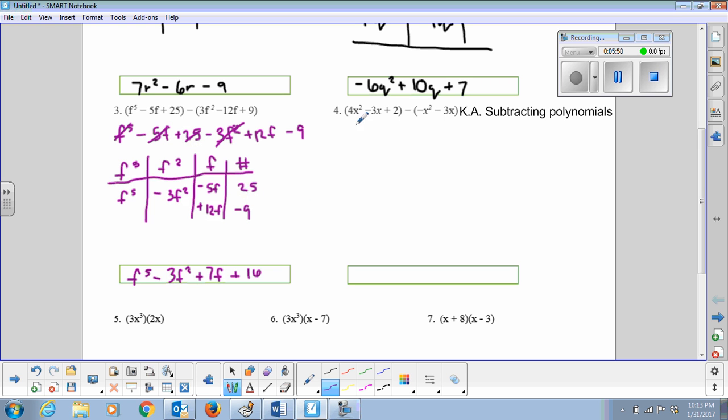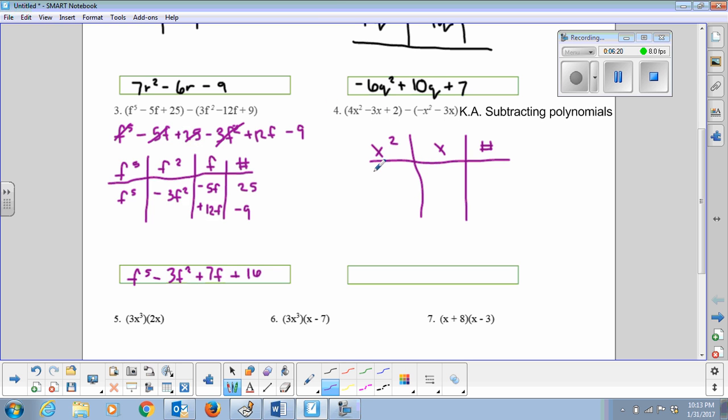On number 4, our groups were x squared, x, and numbers. So with this one, I'm just going to change my signs directly in the table, but I wanted to see you actually change the signs first to get the full 3 points.